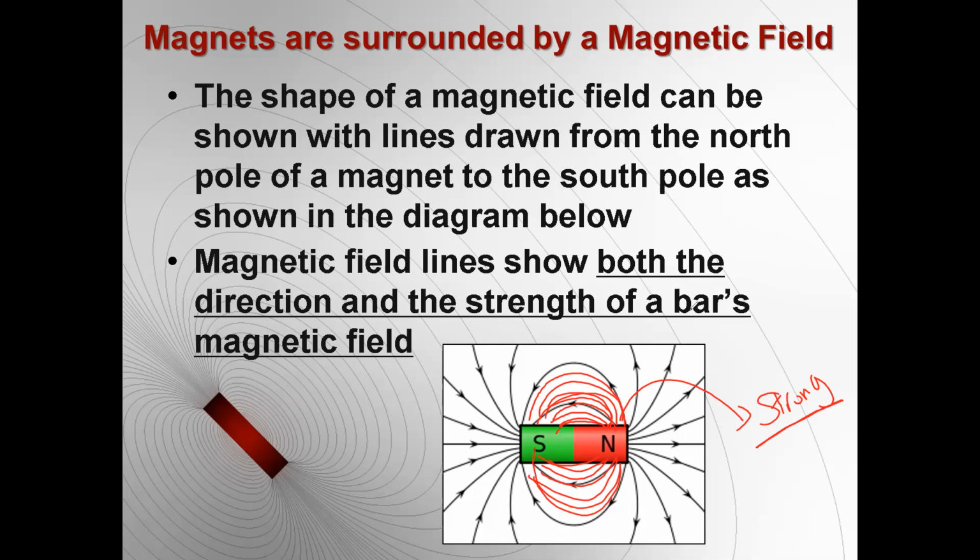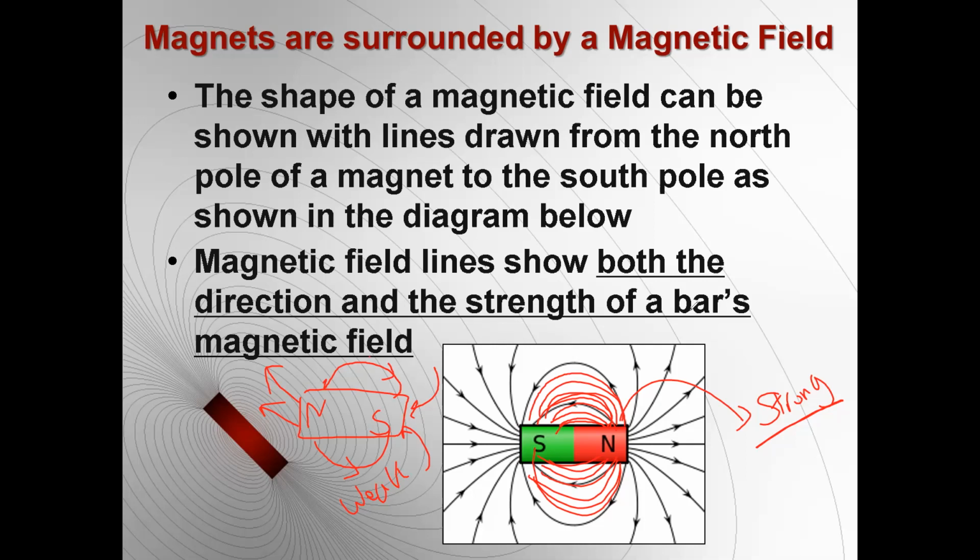But if you have a magnet with only some lines, that means this magnet is weak. And how can I make it strong, or how can I change its situation?